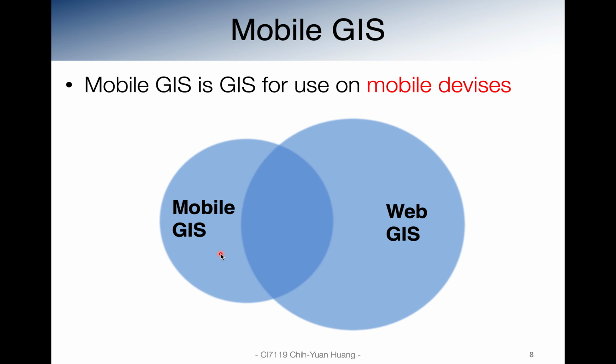One hint is that the overlapped region indicates a connected mobile GIS. For this region, that basically means it's a connected mobile GIS. And for this region that is not overlapped with the web GIS, that indicates it's a disconnected mobile GIS.